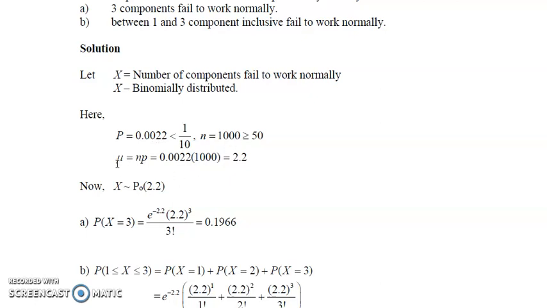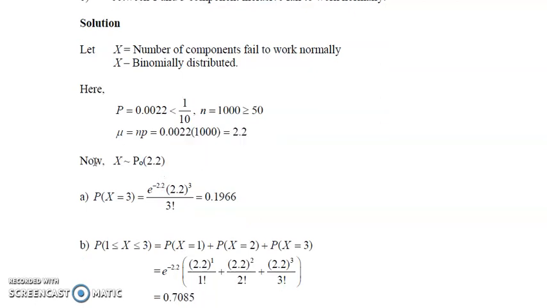So for the mean of the binomial distribution, we have 0.0022 multiplied by 1,000, which is 2.2. Why do we need to find the mean? Because for the Poisson, we just have our lambda, and lambda is defined as the mean for the Poisson. So that's why we have this one.